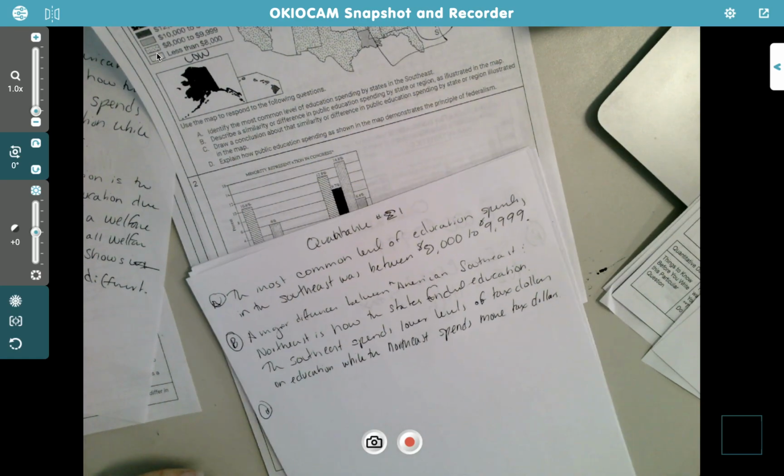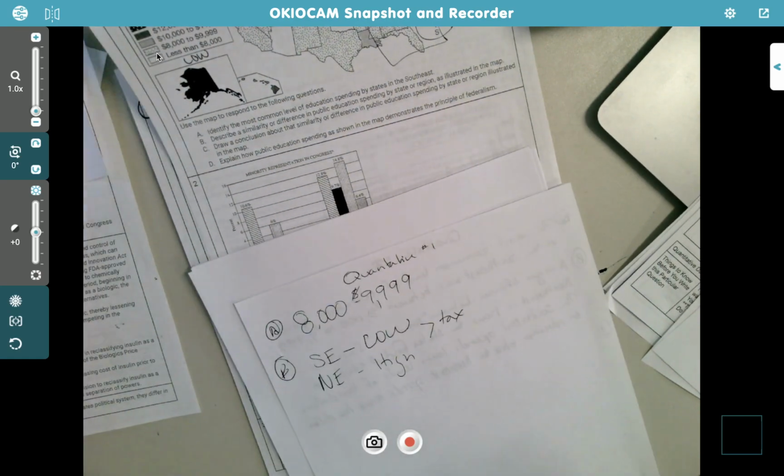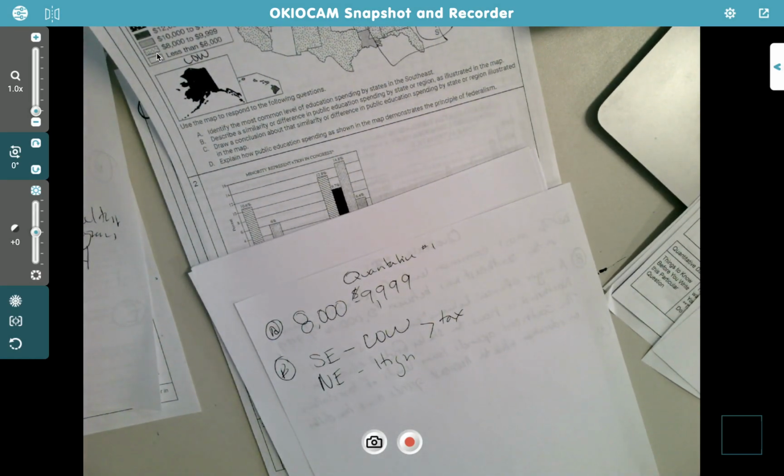C. Draw a conclusion about a similarity or difference in public education spending by state or region illustrated by the map. What is education spending based on? Eve.